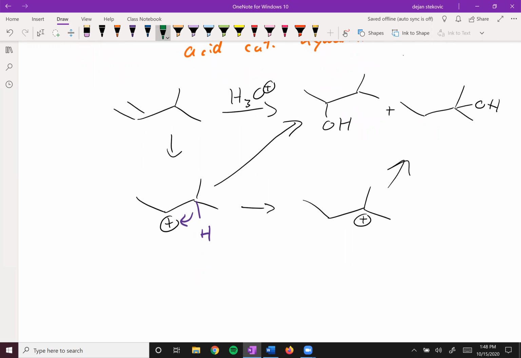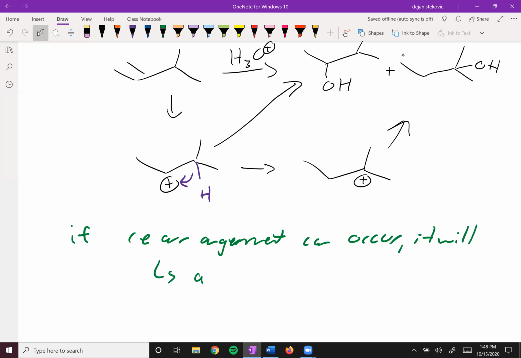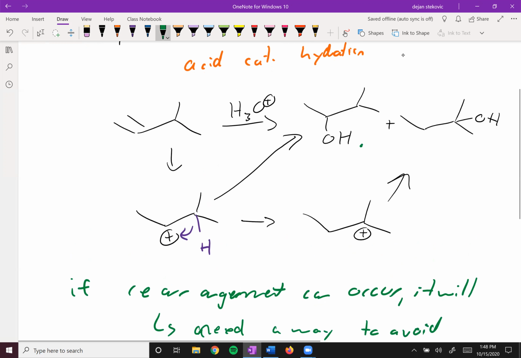And so remember our saying that if rearrangement can occur, it will. And so we'd like a way to avoid this. To say, for instance, if we only wanted this first product, right?